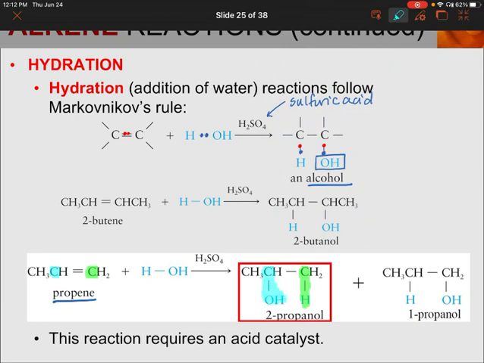And then the OH group adds to the side with less hydrogens. Now again, we will end up with a very, very tiny amount of the other product where hydrogen adds to the side with less hydrogens, but we tend to ignore the minor product and we just focus on our major product.